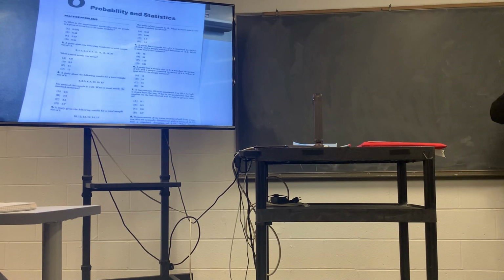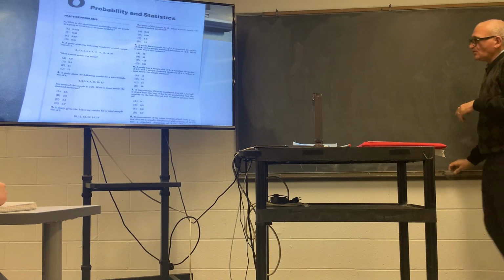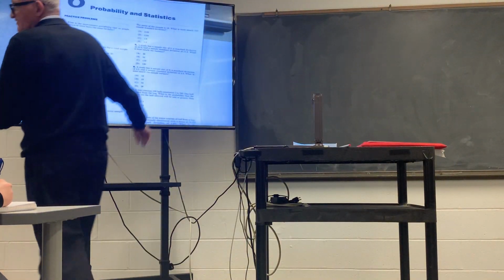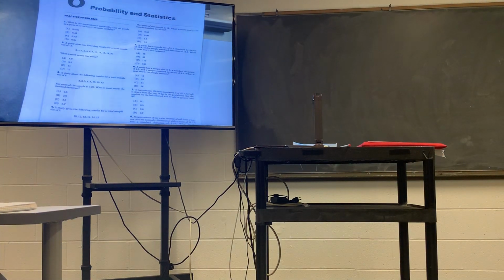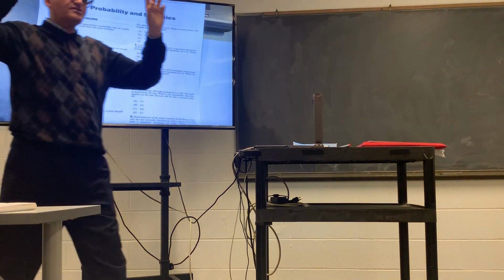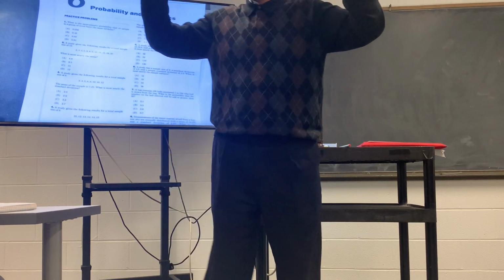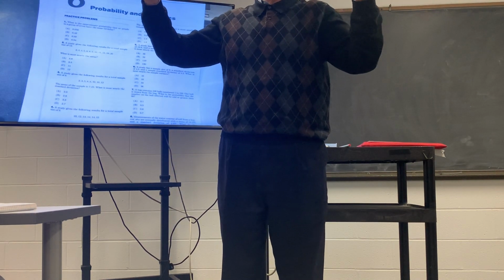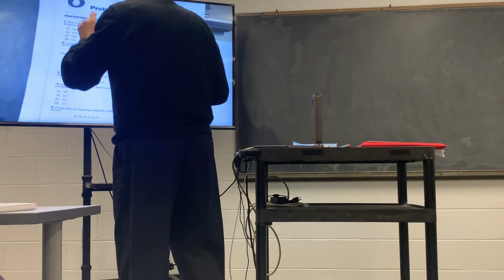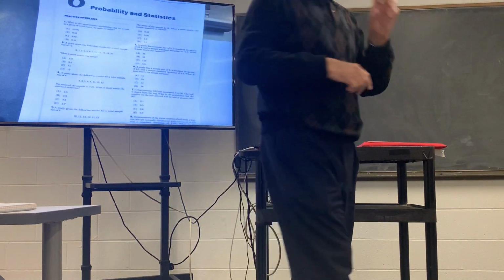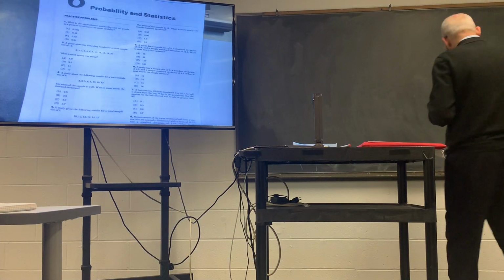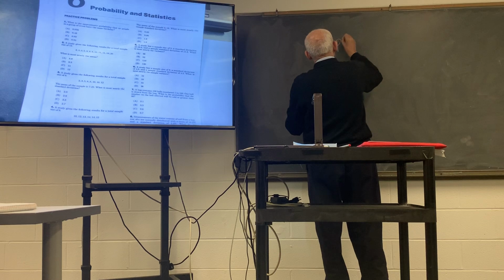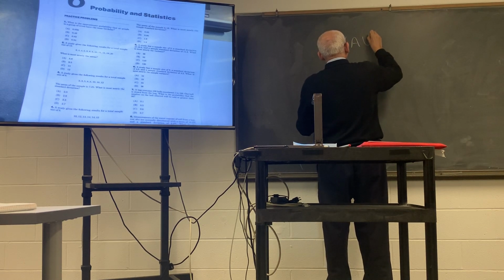What does that mean? Ask yourself the question. What is the first event? The first event is you get an odd number. The second event is that it's greater than 80. Can I have a number that is odd and greater than 80? Yeah, so they are not mutually exclusive. So I cannot say the probability of A plus the probability of B. What do I have to say? What is the probability of A or B?